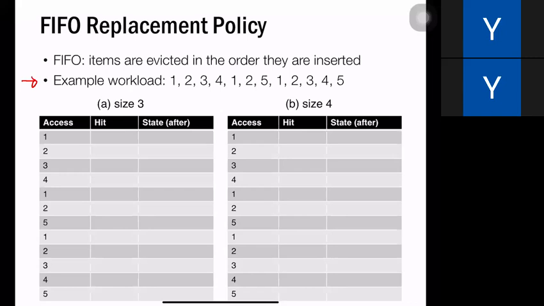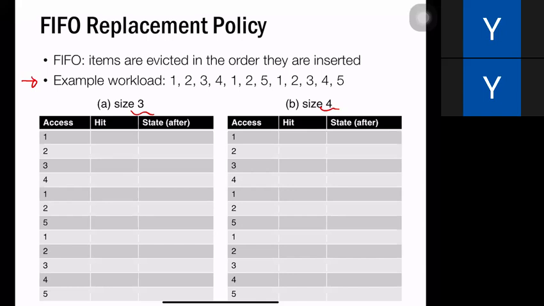And again, we apply FIFO policy. And the bottom half of the slide shows two tables. The left table shows the cache simulation under a cache capacity of 3. And the right table shows the simulation result under a cache capacity of 4, right?